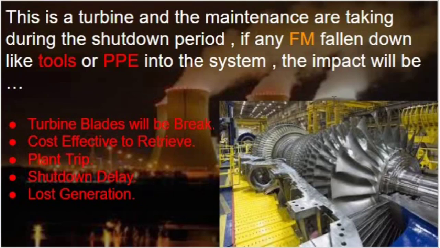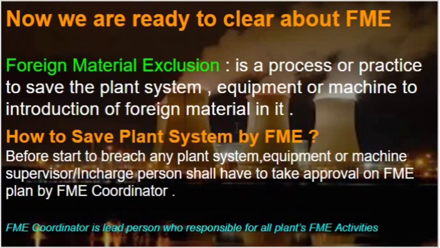It is also costly to retrieve the foreign material. Plant trip and shutdown delay are also costly. And loss of generation: if the turbine generator cannot start for 10 days or more, we are losing 10 days of generation, meaning electricity will not be produced for the upcoming 10 days.